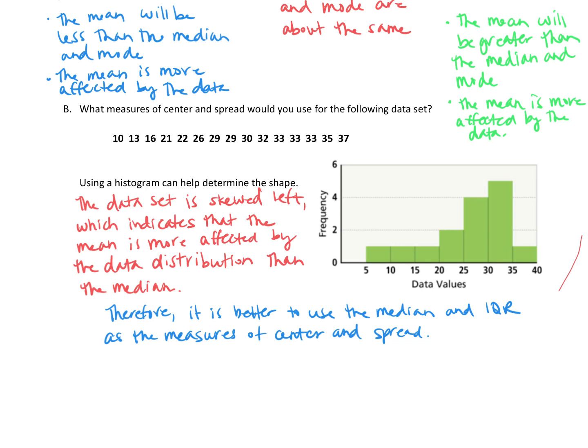Let's also note that the quartiles show how data are distributed on either side of the center of the mean.